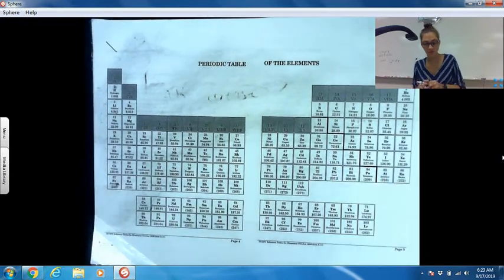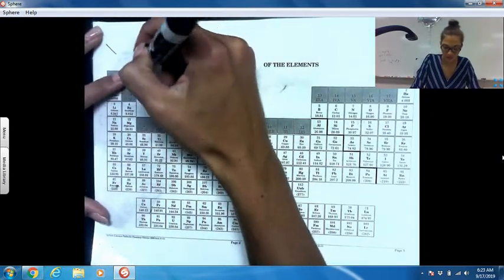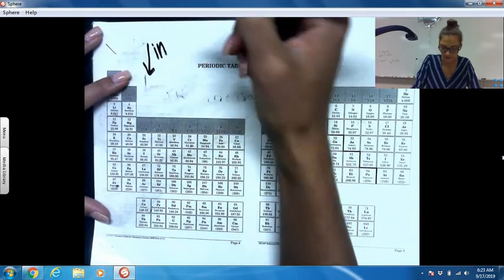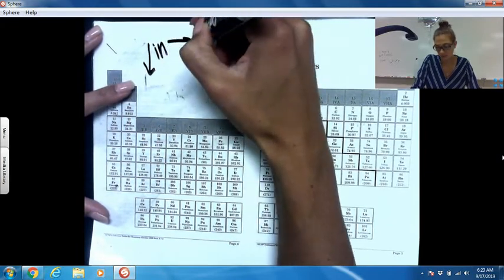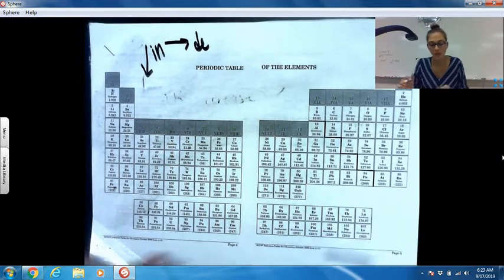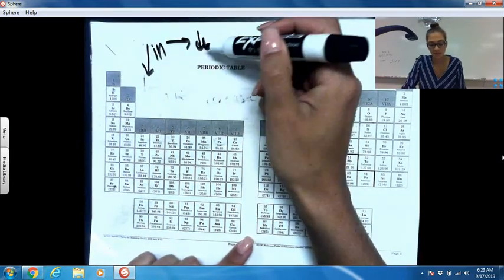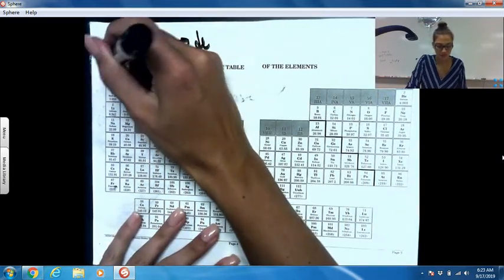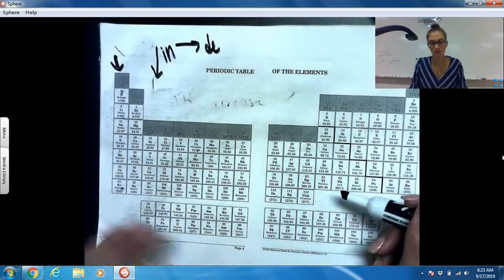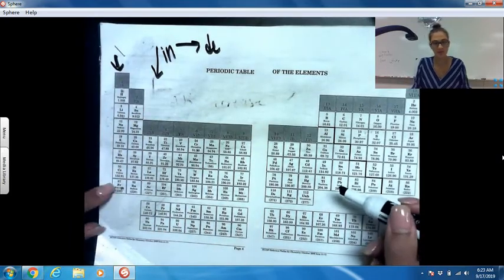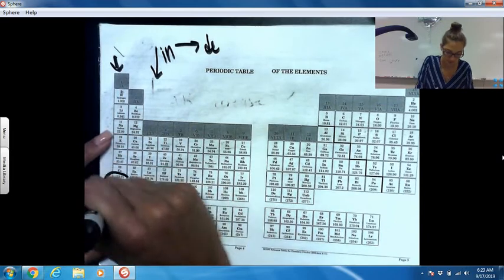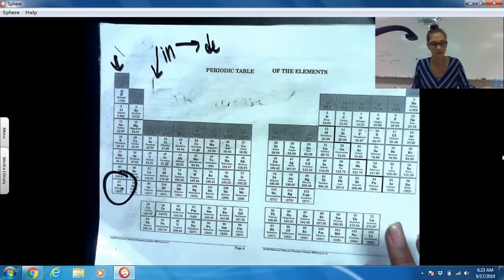So we said that atomic radius increased going down and decreased going across, right? So if it decreases going across, that means on the left-hand side of the periodic table, we are larger. And if it increases going down, that means that the bottom left is largest. So for atomic radius, francium is going to be our largest element.